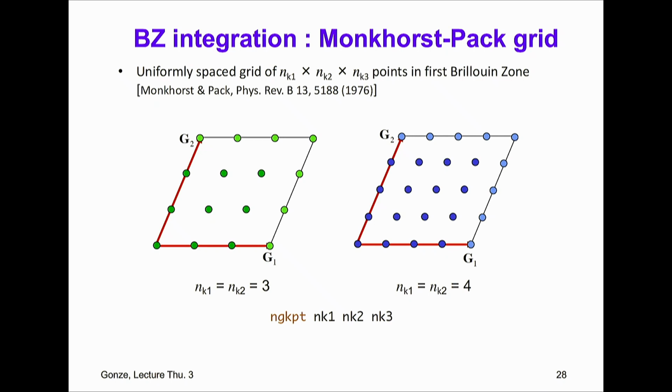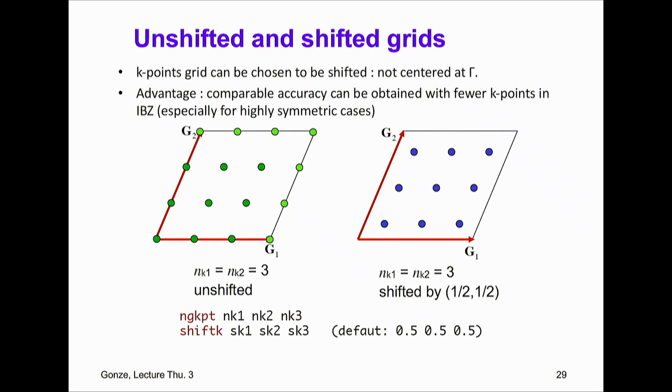But of course, these are centered grids in which the first point of the grid is located at the origin of the Brillouin zone. But it's also perfectly possible to shift the grid in order to try to minimize the number of K-points in the irreducible part of the Brillouin zone for materials that are very symmetric, and when the number of K-points is not very large, it might allow to save a significant amount of computing time.